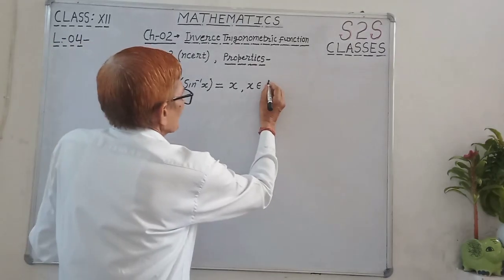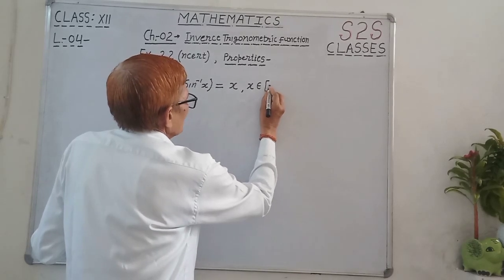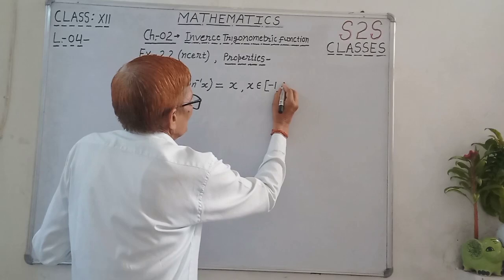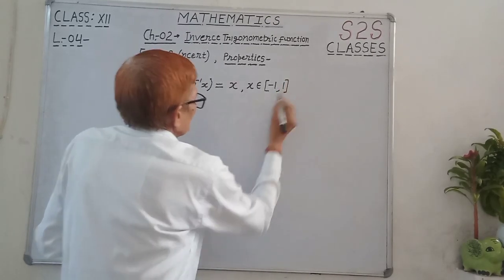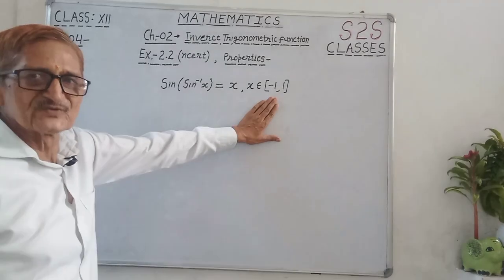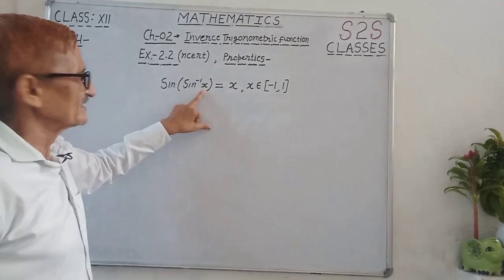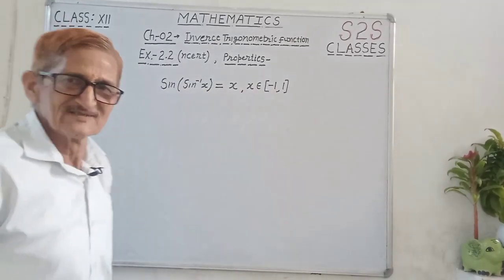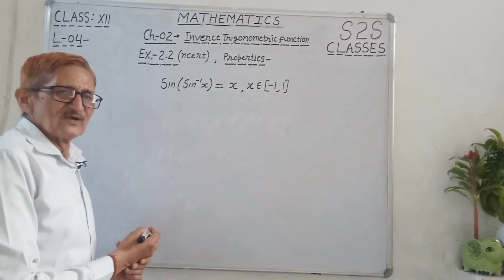So x belongs to the closed interval -1 to 1. This is the output of the sin x function, but it is the input for the inverse. Input means domain, output means range. I told this many times, so be careful of that.